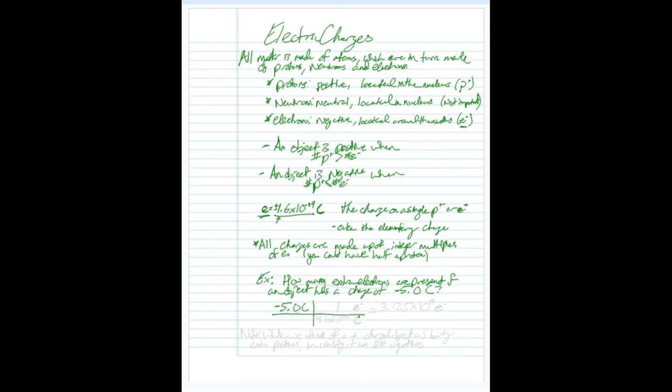And I would like to cancel out coulombs because I don't really care about coulombs. I'm asking how many electrons. So I want the number of electrons. For this, I need to know how many coulombs there are in an electron. One electron is negative 1.6 times 10 to the negative 19 coulombs. I throw that in my calculator. I get 3.125 times 10 to the positive 19 electrons.